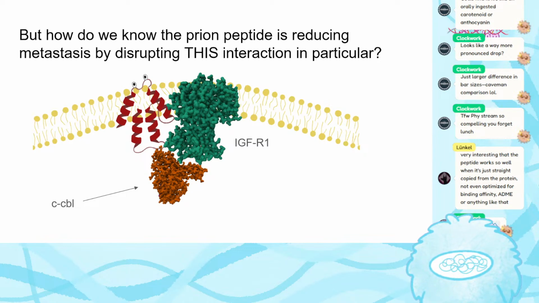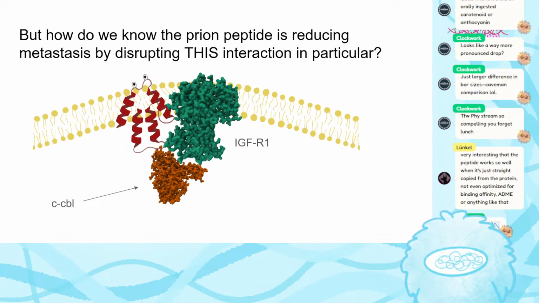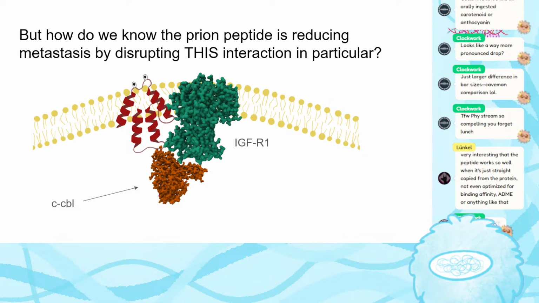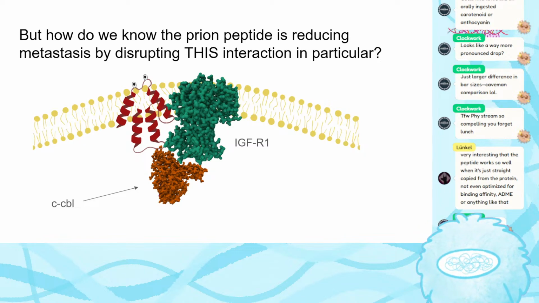And I want to probe by asking, and this is really graduate level thinking here, right? This is something I think is very hard to parse, but if you can successfully pick up what I'm putting down, I think that would be incredible. So we have this peptide. We think that when we add it to this system, it breaks up this interaction. We have evidence that it does.